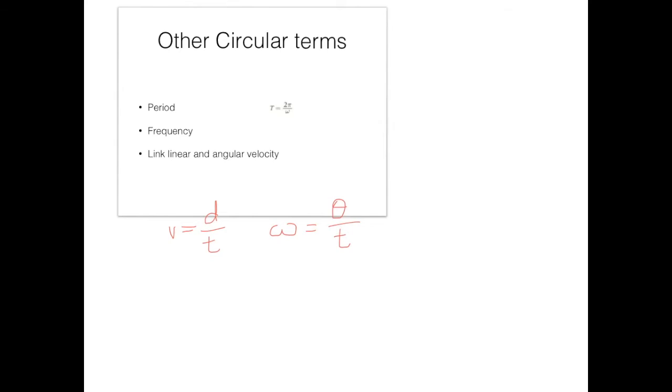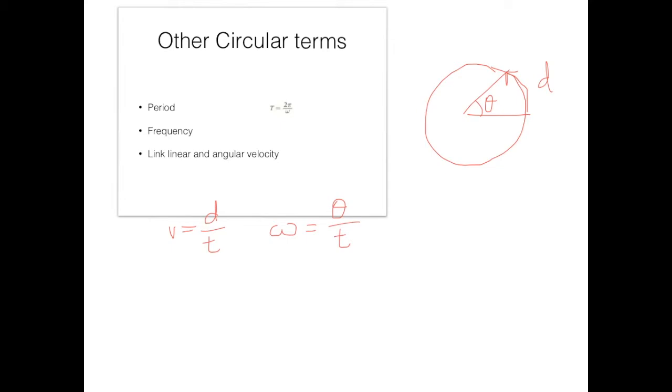Now if I have a circle and some type of angular displacement, how far has it traveled? What is the distance? We said that the angle will correspond directly to the number of radians. This is one of the reasons why it's so important that we use radians, not degrees.